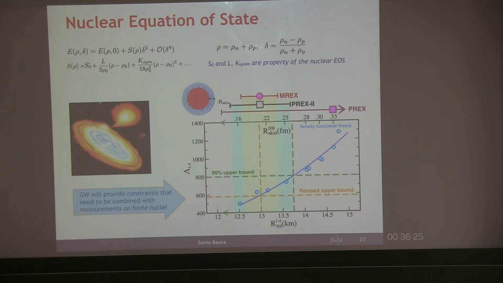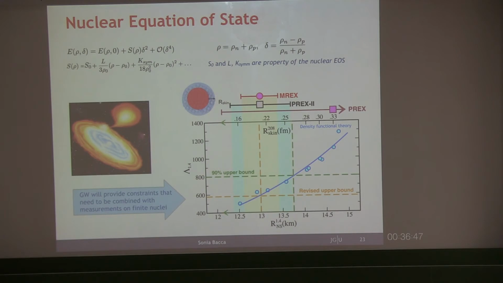So first of all, what is on the axes? On the y-axis, you have the tidal polarizability, which is a property of the neutron star. It tells you how the neutron star can deform with a quadrupole deformation when it's inspiraling with the companion due to the increasingly strong gravitational force.